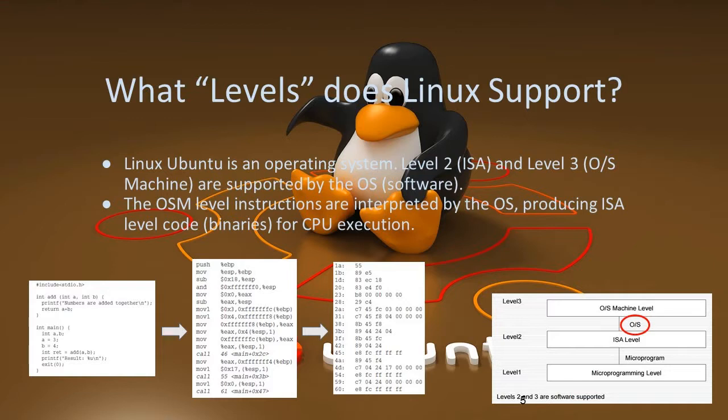Obviously the most important software in a computer system. The operating system machine level instructions are interpreted by the OS, which produces ISA level code, binaries for CPU execution. So there's a built-in C compiler, and it's going to compile these OS instructions to binaries.